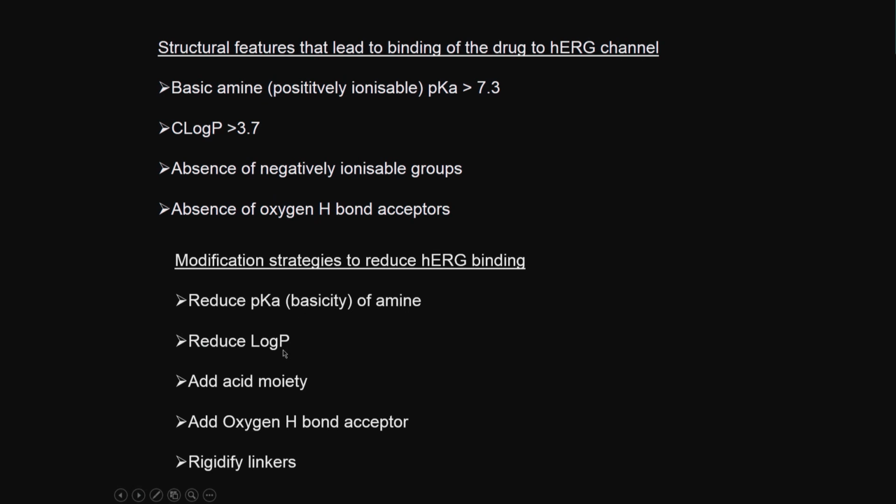Reduce log P, add an acid moiety, add oxygen hydrogen bond acceptors, because if these are absent then chances are the molecule could be binding to the HERG channel. Rigidify linkers, that means reduce the flexibility of these molecules.